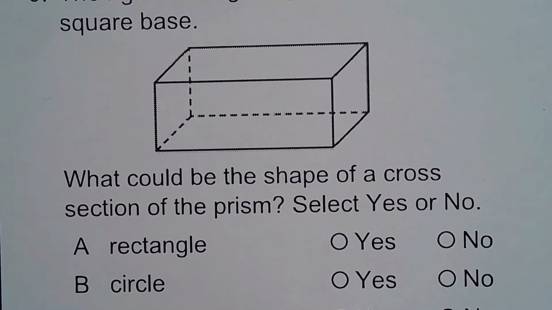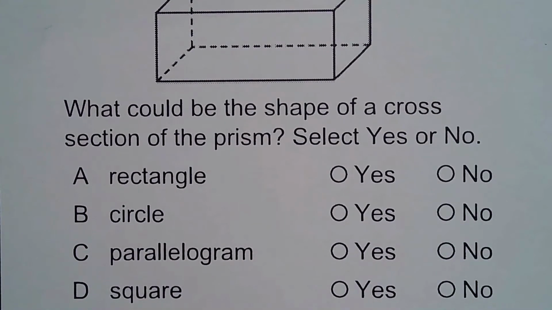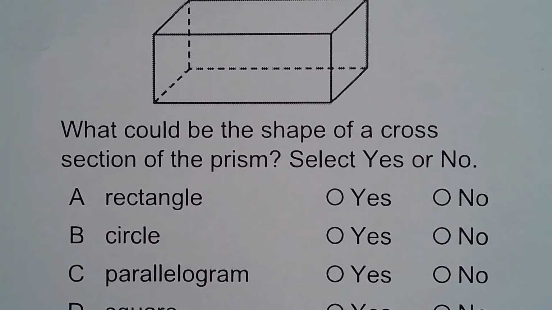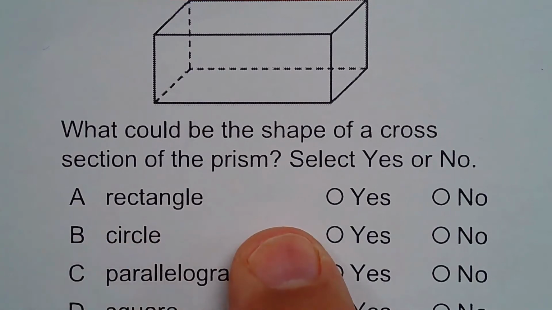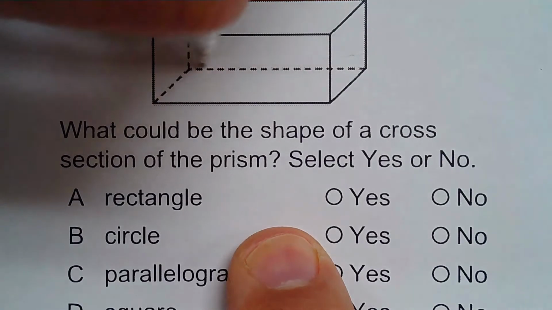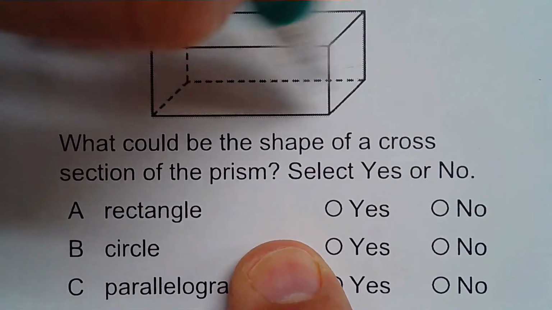So what could the shape of the cross section of it be? Could we get a rectangle out of this? Yes. If you sliced this way, that would be a rectangle. So we have yes for A.